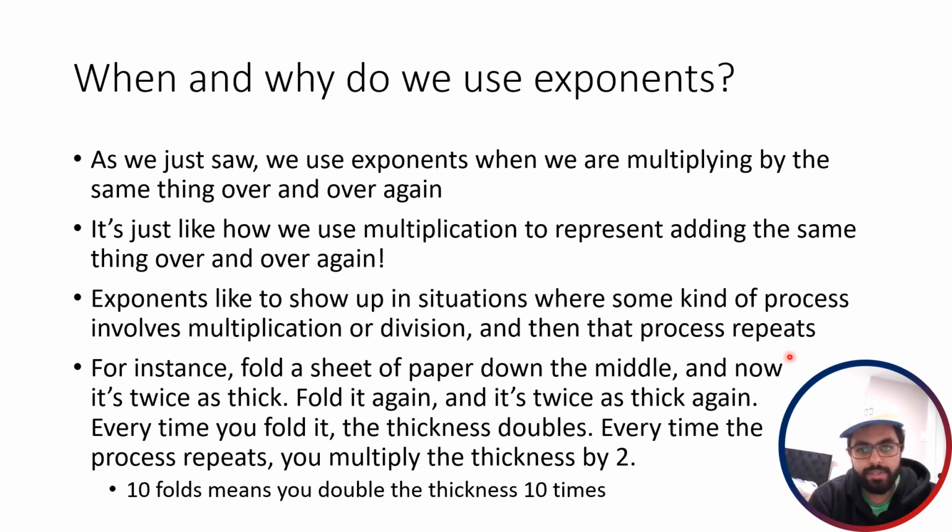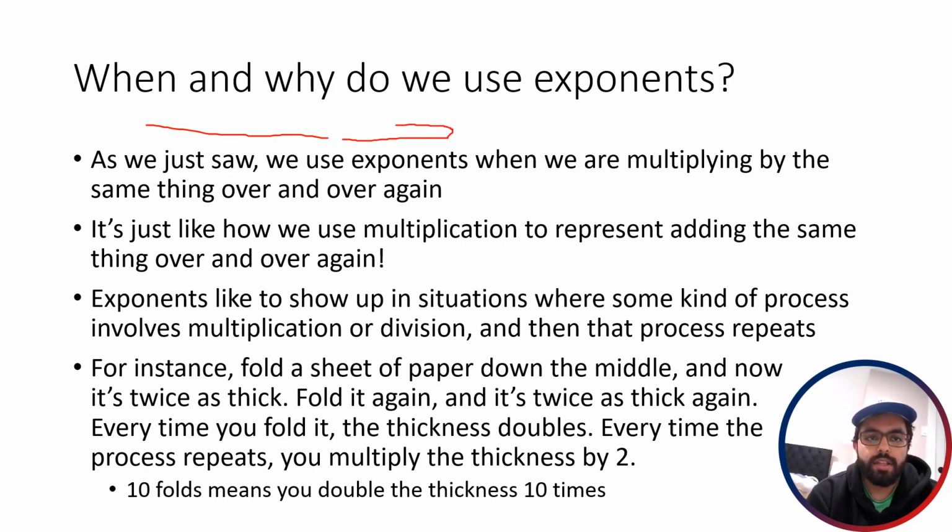Now, we'll get into the practical applications of that a little bit later on, but just as a simple example, if you've got a sheet of paper and you fold it once, suddenly the thickness of that folded sheet is twice as much as the original, right? If you have a sheet of paper, it's got a thickness of like 1 millimeter, but then if you fold it, then suddenly it looks like this, right?